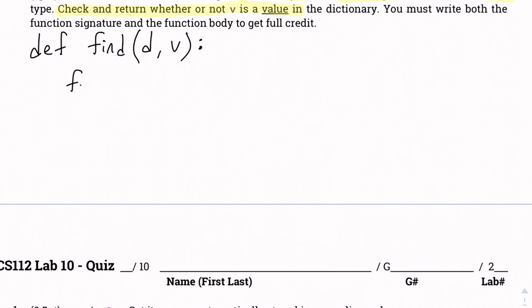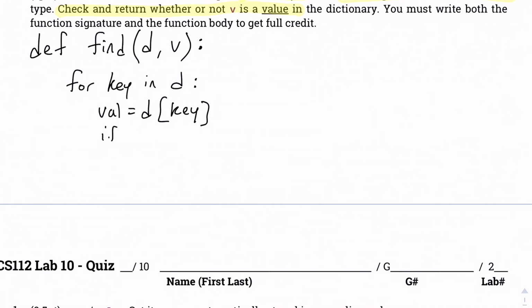One way would just be for every key in the dictionary D, let's look up the corresponding value by going into this dictionary at this particular key and then check, hey, if this value that I got is equivalent to V, the value that gets entered into my function, then that means I should return true because I have found this value in the dictionary.